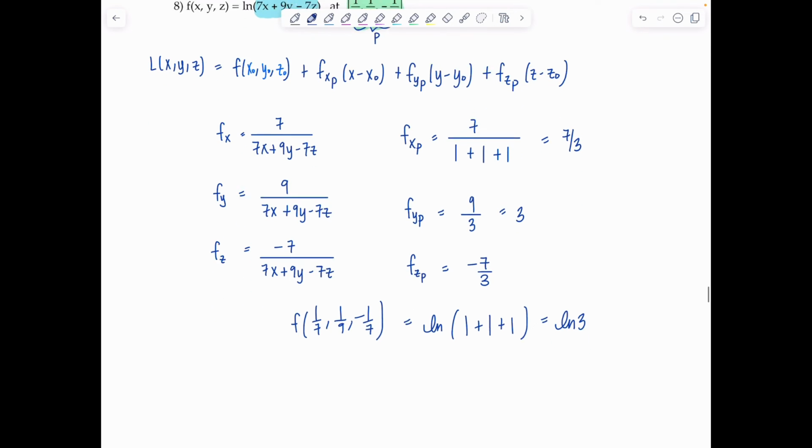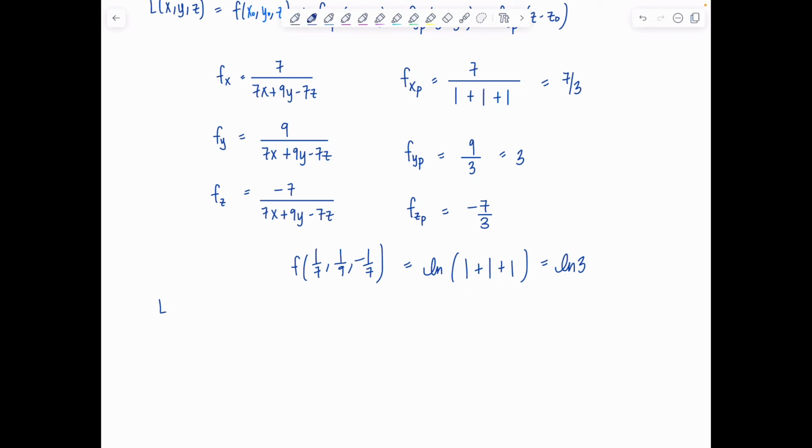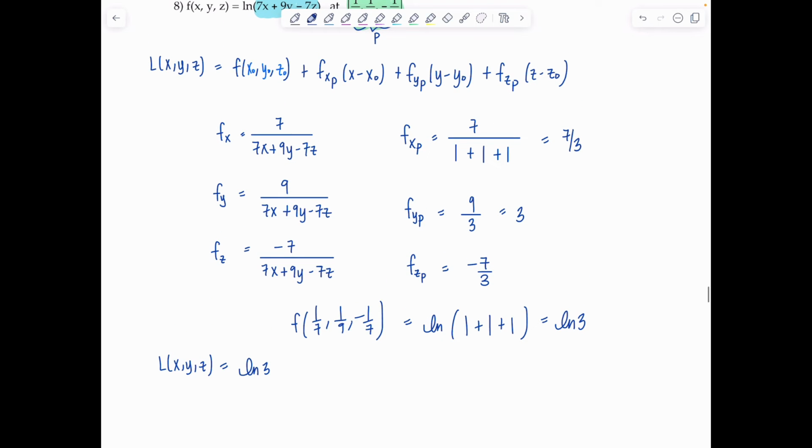Okay, good. Let's put it all together. So L of x, y, z equals ln of 3, here so you could see the formula, plus 7/3 times x minus 1/7 plus 3 times y minus 1/9 minus 7/3 times z plus 1/7.